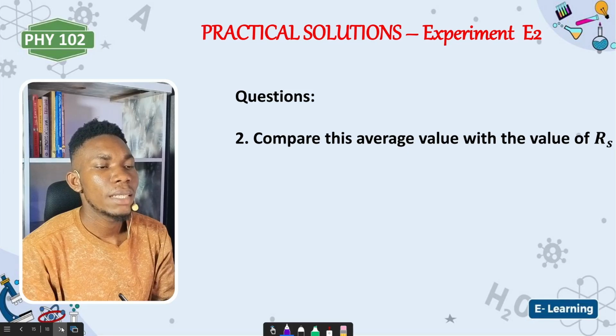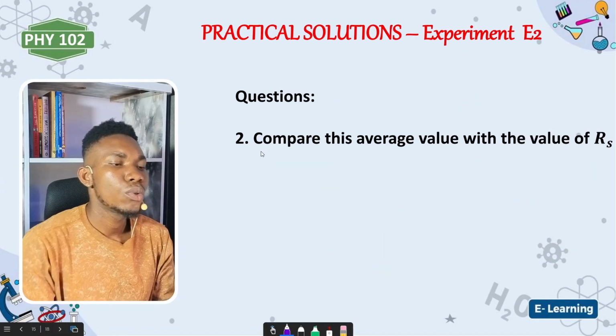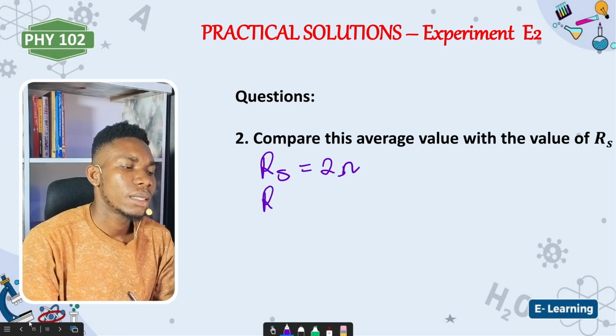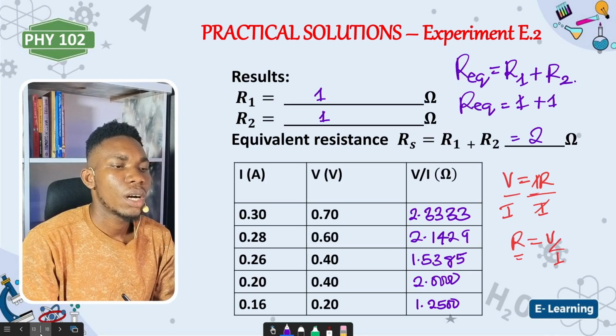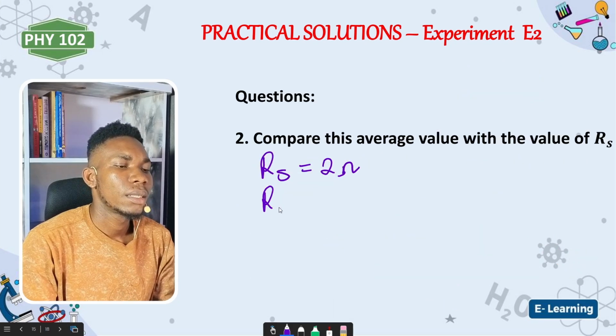It says compare this average value with the value of R equivalent. What was the R equivalent we calculated? We said R_s is 2 ohm. The R calculated is what? 1.85 ohm.